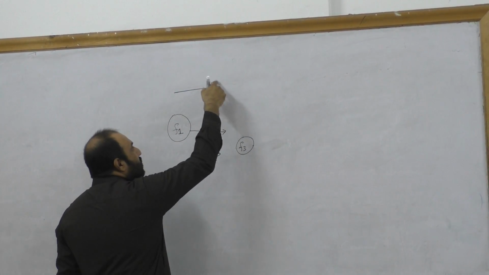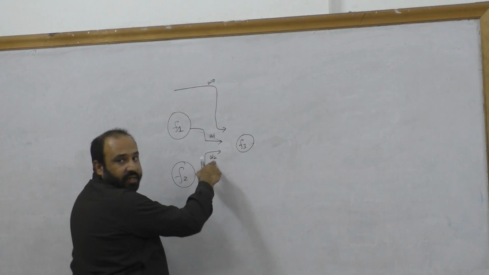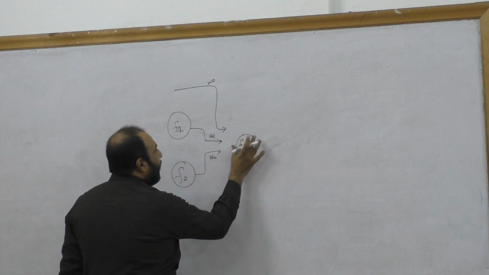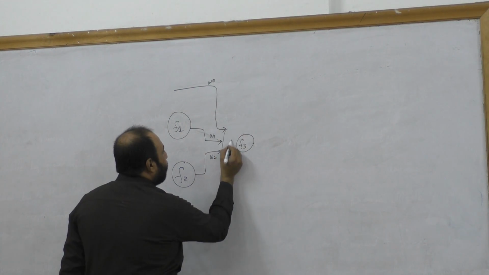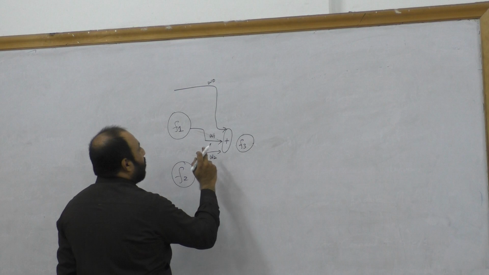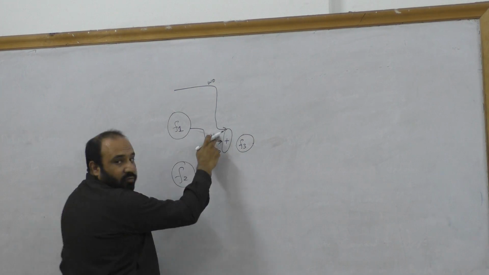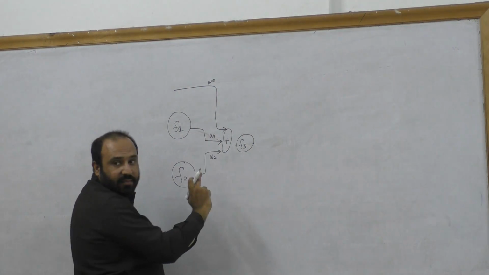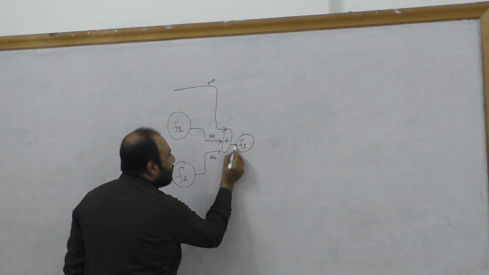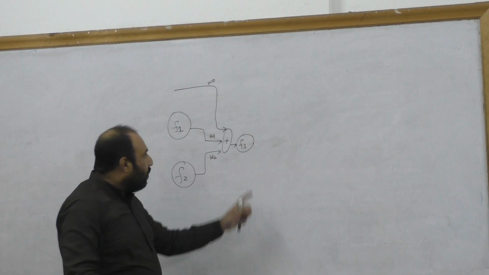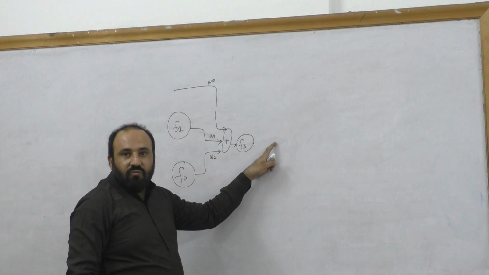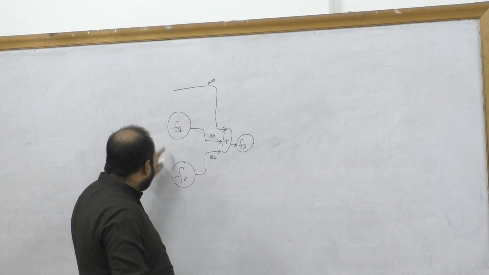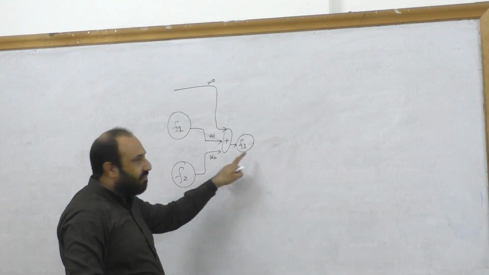You are free to choose W0, W1, W2. Add all these products, F1 times W1 plus F2 times W2 plus W0, and feed this to F3. Now it should give 1 if both are 1. Otherwise it should give 0.